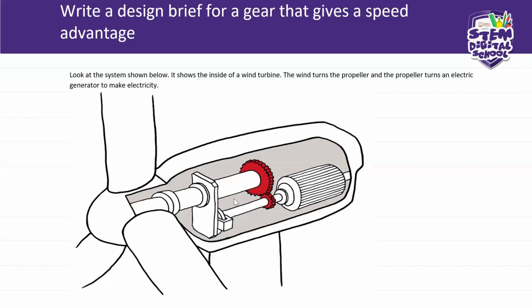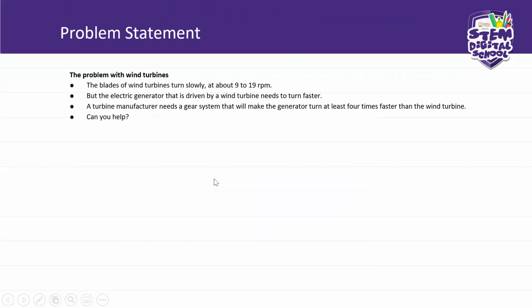In the propeller, we need speed advantage because we want a quick movement that is going to get into the generator so that the generator can turn the energy into electric energy. So this system gives us speed advantage, right?